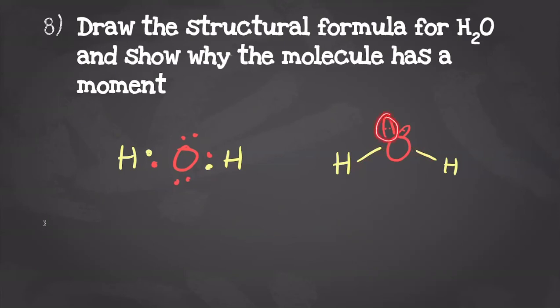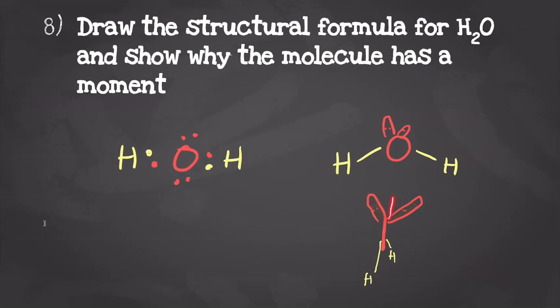Let's focus on the lone pairs. So if we rotate our water molecule, with this being the front side, it's not perfect, but this is just to show you how the lone pairs are actually separated from each other. The lone pairs are going to be pulling with the same force.